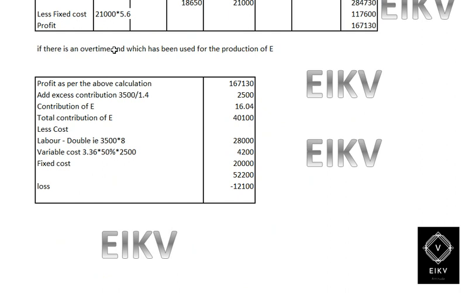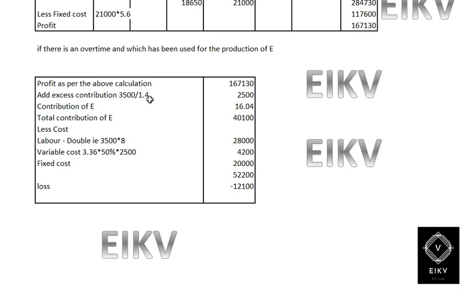Proceeding further, if overtime is used for production of E, then the profit as per the above calculation will be 1,67,130, and then add the excess contribution.